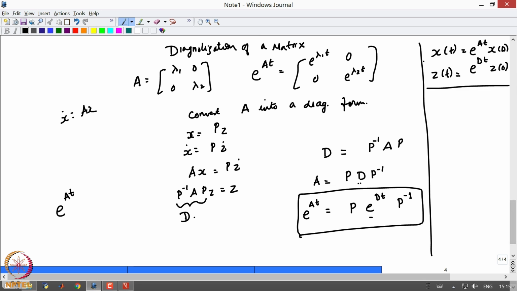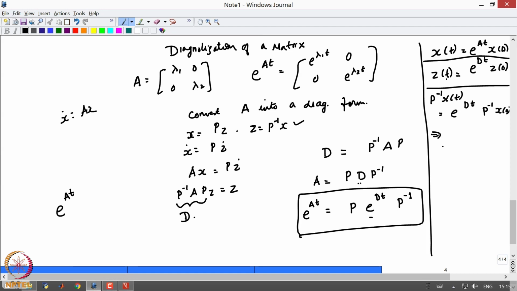Okay. So, what is the relation between z of t and x of t? I know that z of t can be written in terms of x as z is P inverse x. So, I have P inverse x of t on the left hand side, and on the right hand side, I have e power D t times z naught. What is z naught? z naught is P inverse x naught, coming again from here.